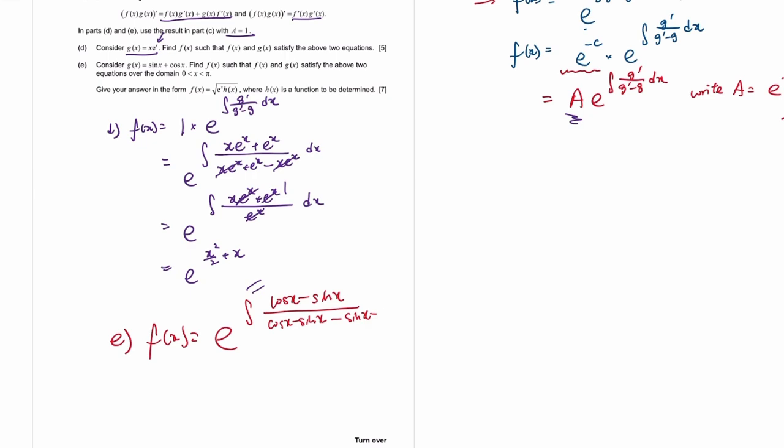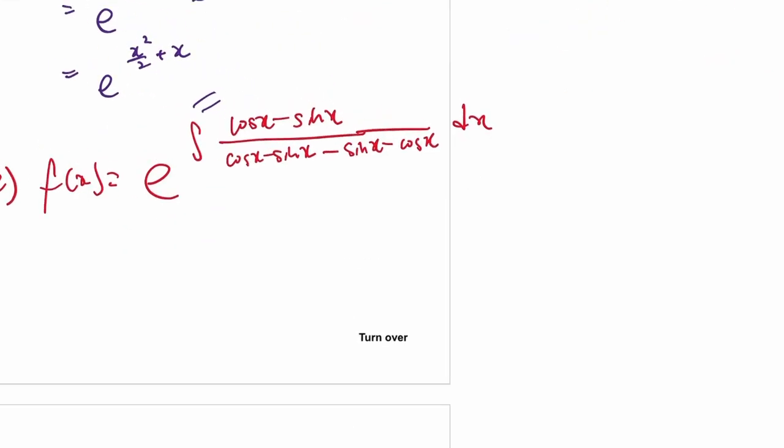So be careful with the sign. So I guess we'll do this again. Integrate. We'll simplify the bottom. Cosine cancels out, so it's -2 sin x.